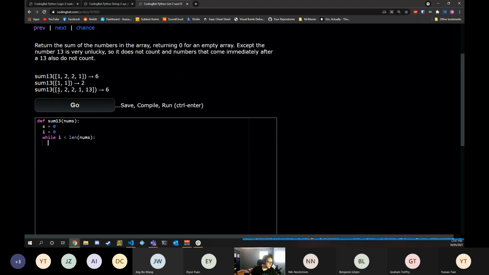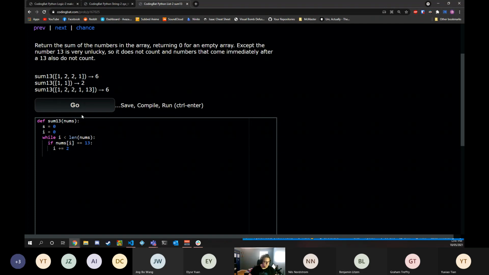So what do I do? I'm going to work off of this test case here. I need to check if a number is 13. So if nums at index I is equivalent to 13, I do I plus equals 2, and I move on.